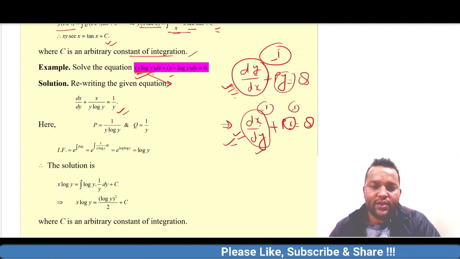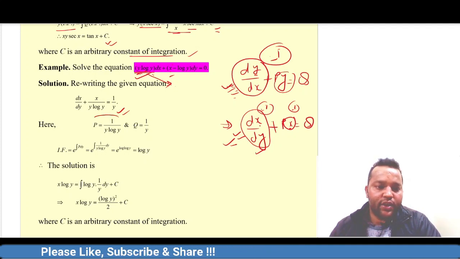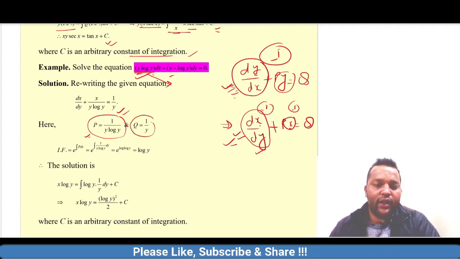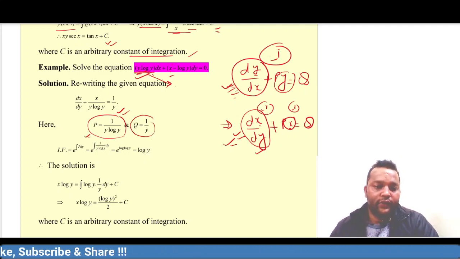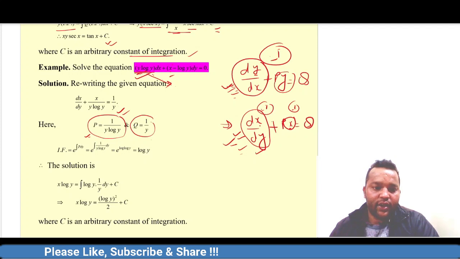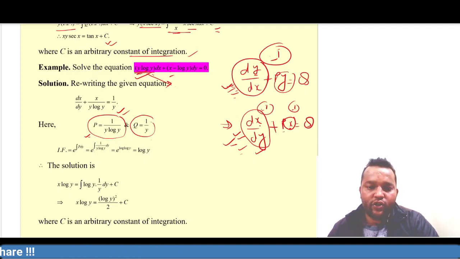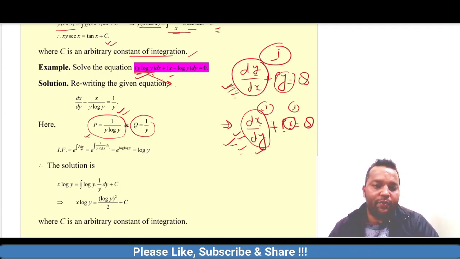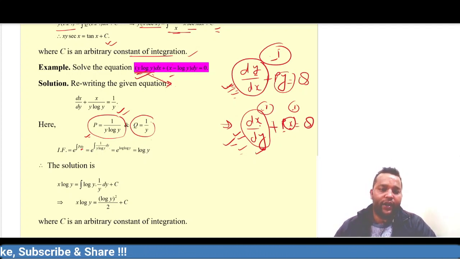Now comparing with this standard form, here the p function is 1 over y log y, that is purely a function of y, and q is 1 over y, again purely a function of y. Now the integrating factor in this differential equation is e raised to the power integration of p with respect to y, as y is taken as the independent variable.